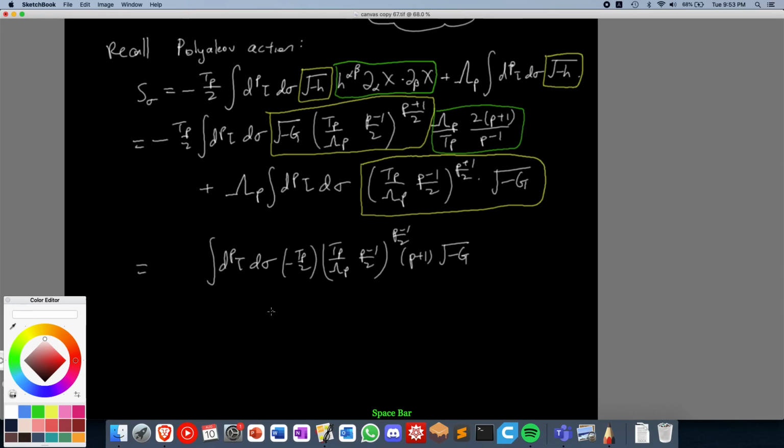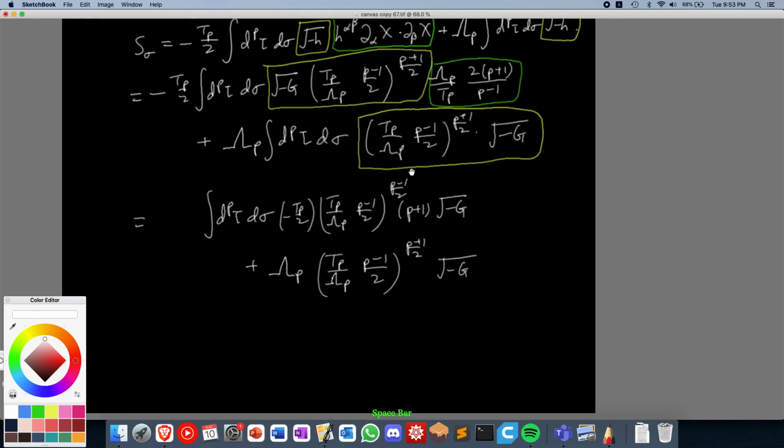Then we add the second term, all within the integral, so this will be tp over lambda p minus 1 over 2, p plus 1 over 2, and then square root minus g.